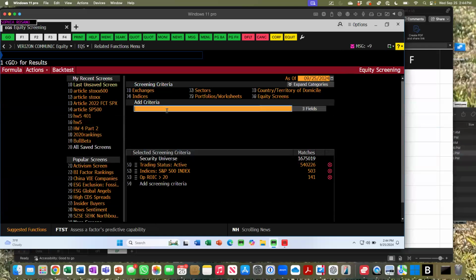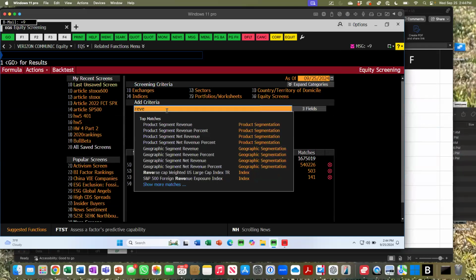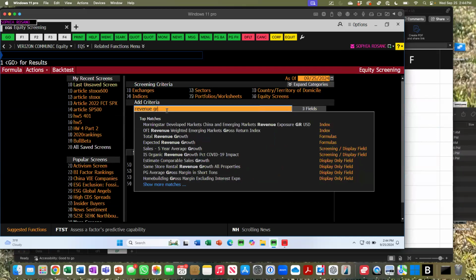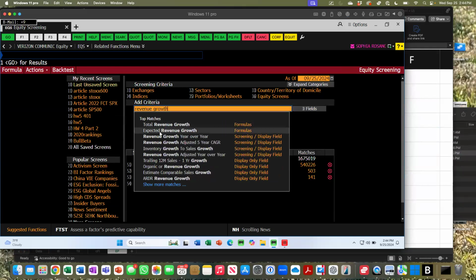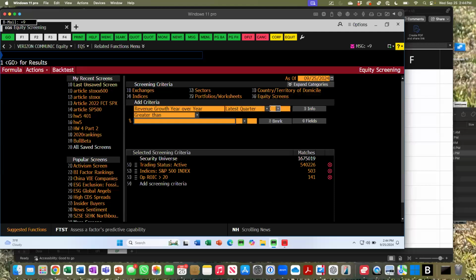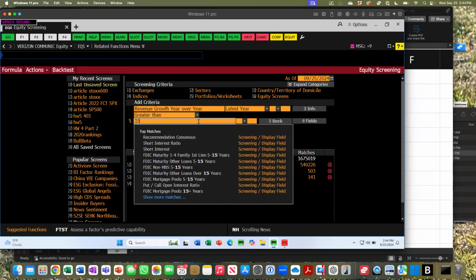So add criteria, revenue growth year over year, and make sure you don't do latest quarter. You got to switch this to latest year. Right? Because otherwise it'll just do same quarter last year. And that's not the right answer. This is basically annual data. So greater than 15%.